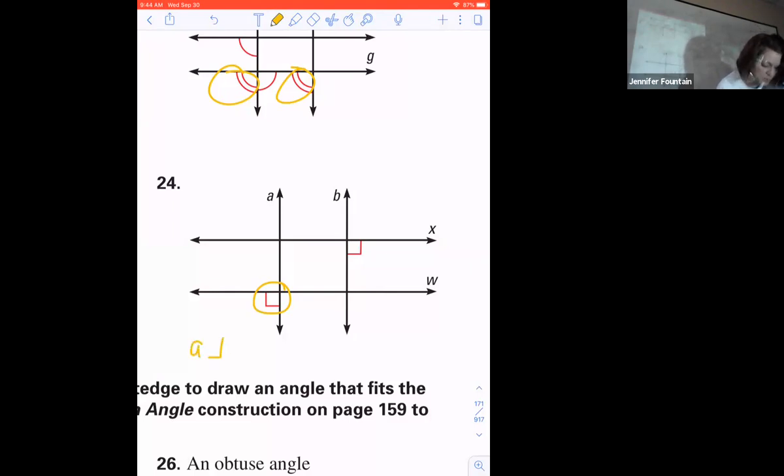So I see that A is perpendicular to W. This one here tells me that B is perpendicular to X. So why is it perpendicular twice? I'm trying to see why they would say no lines are parallel.